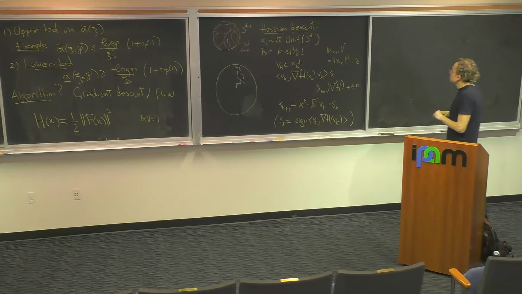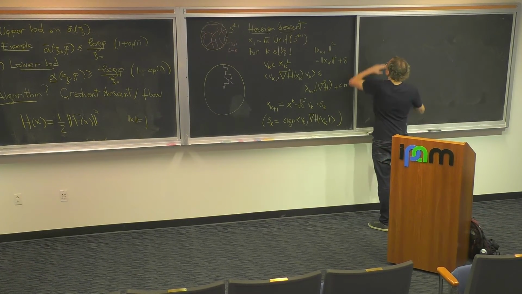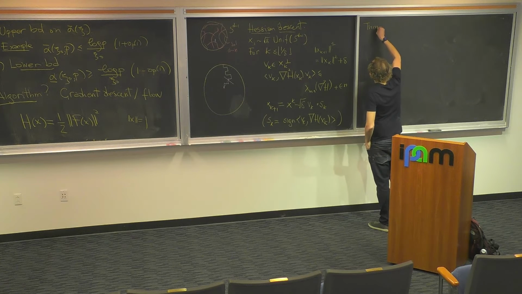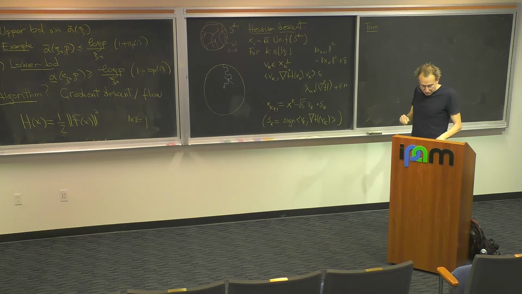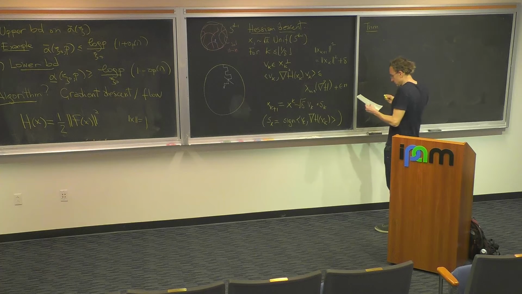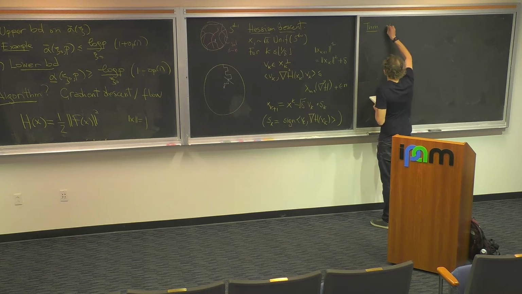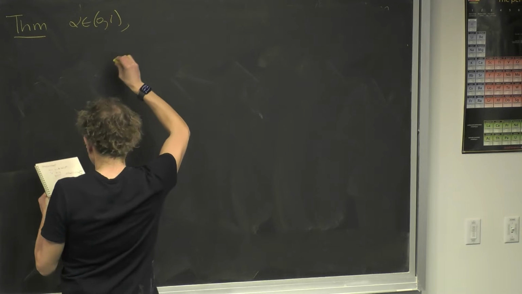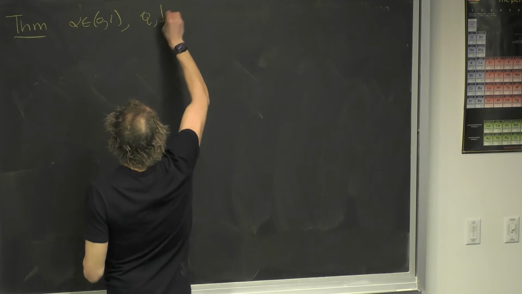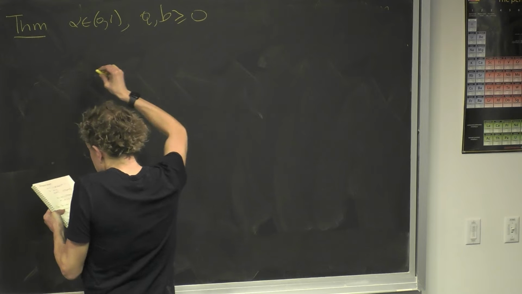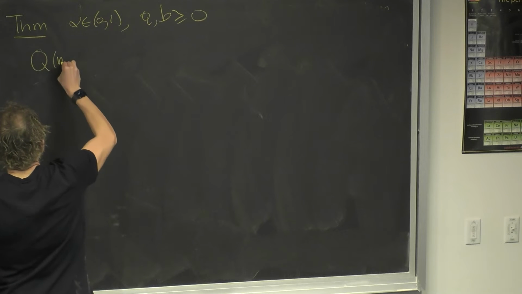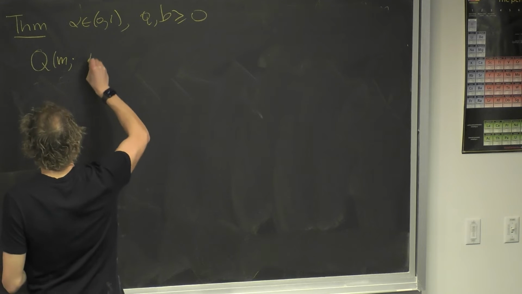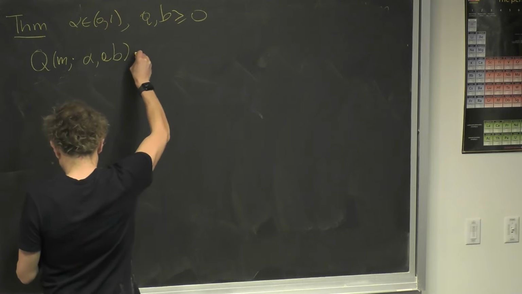Okay, so this is the theorem. Now I'll write some formulas, some of you might like, some others might not. For alpha in (0, 1) and A, B positive, let me define the following function Q(m, alpha, A, B).